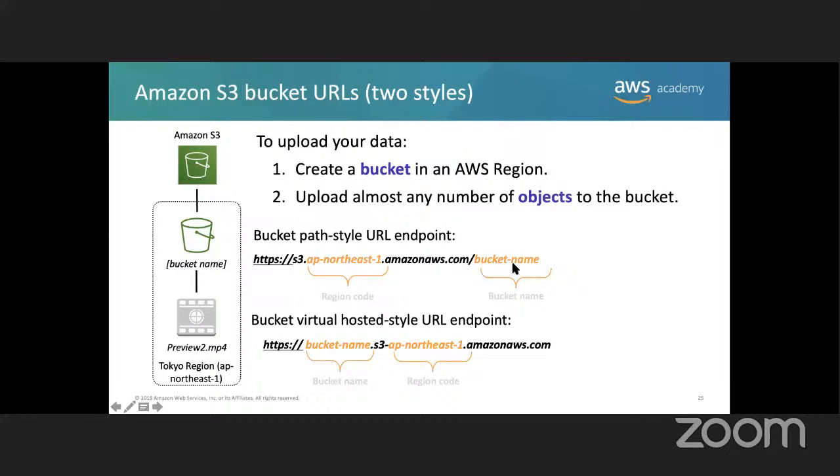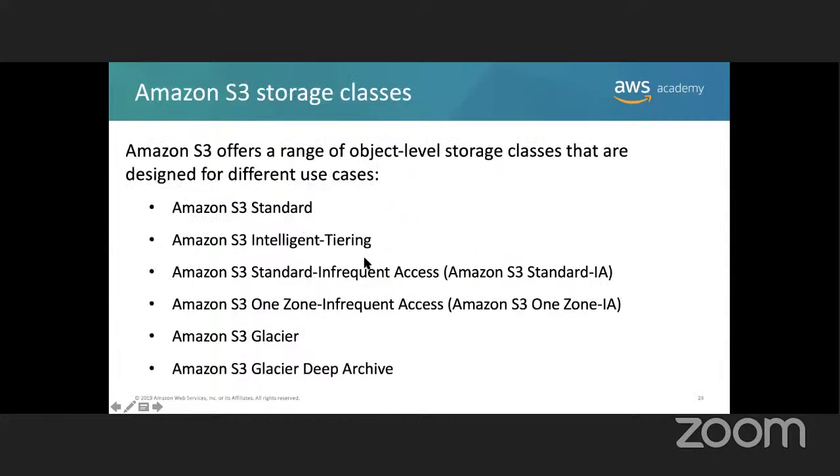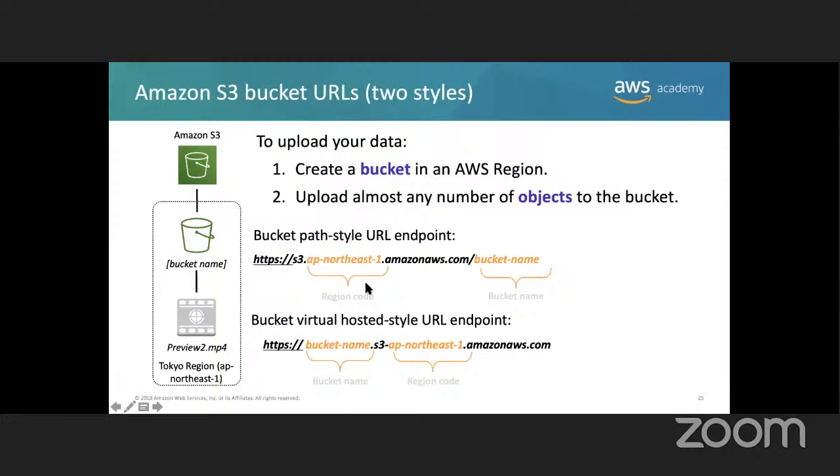Or there is the hosted style. This one is the path style, and this is the hosted style. You're going to have the bucket name first. Basically, if you look at both of them, what you're doing is just moving the bucket name to the beginning of the URL. So you can have the bucket name at the end, or at the beginning.